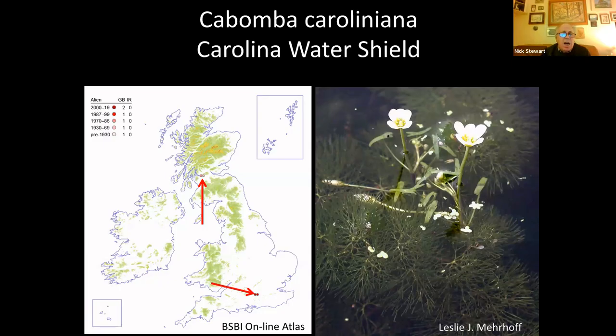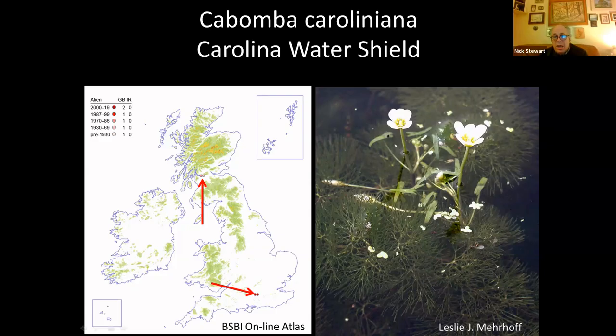Another rather rare feathery-leaved thing is the Carolina water shield, or Carolina fanwort. It's turned up in a couple of places in Britain, and has persisted in the south for quite a substantial amount of time. Superficially, you could easily pass it over as a water crowfoot.